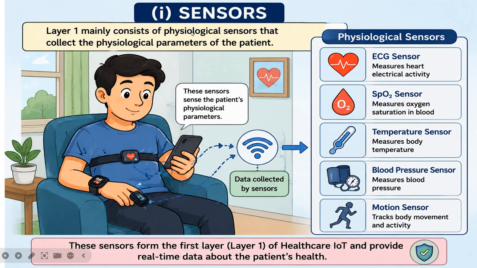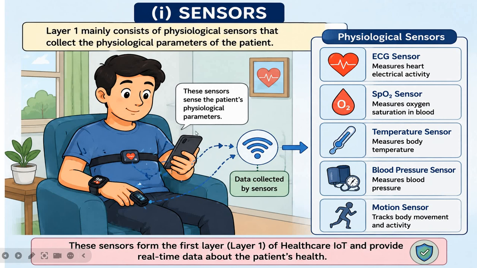First is the sensors. Here, the role of sensors is to form the first and most important layer of a healthcare Internet of Things system, and the sensors are responsible for collecting the physiological data from a patient's body and converting it into digital information that can be monitored and analyzed.